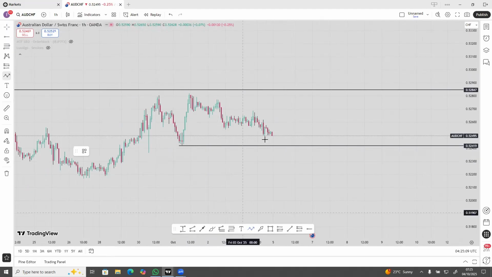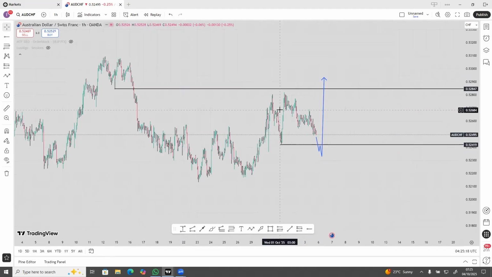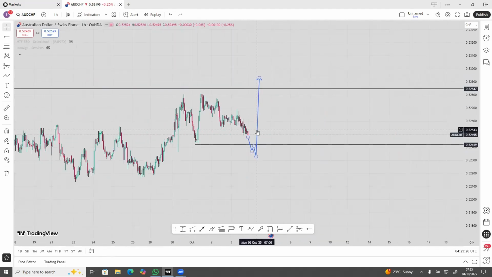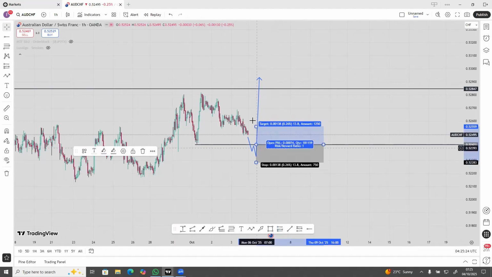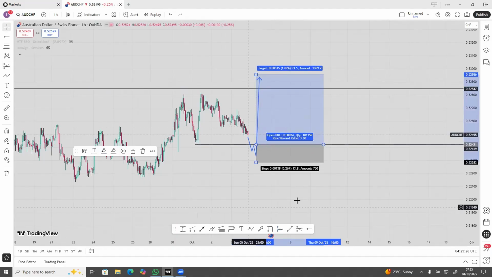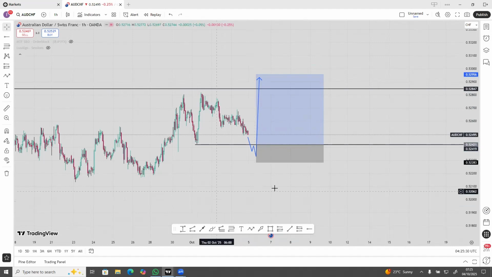It lacks some validation, so we have to wait for a sweep of liquidity, then you can pick a buy from there after the liquidity sweep. Then you can target that daily supply. You can pick a buy after the sweep and market shift, enter on the FVG, and we'll target that supply.